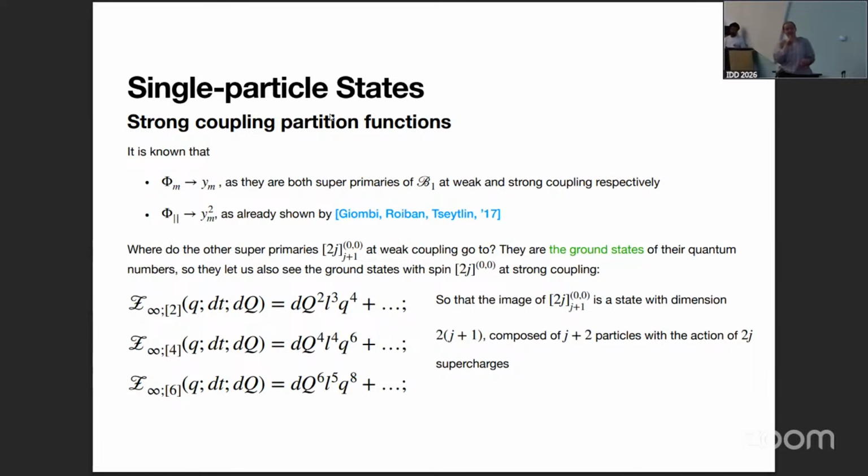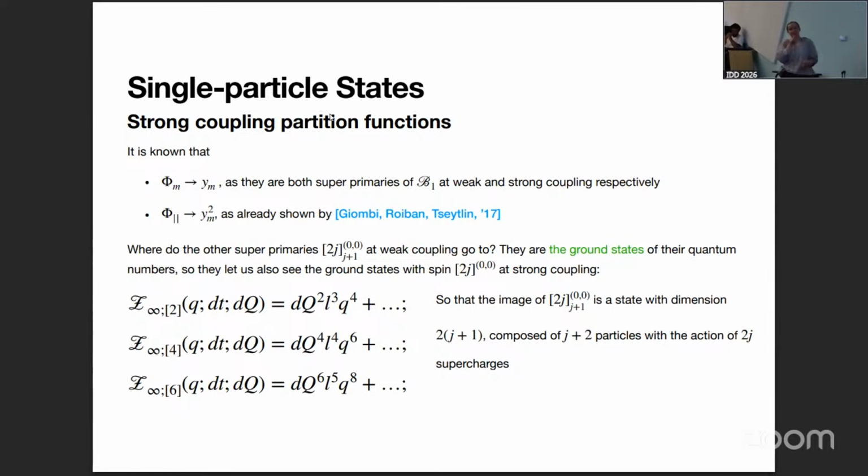Actually, I did not mention it in such good detail, but you can also track additional fugacities, meaning from how many single particles your state is composed at strong coupling, and also if there is an action of a supercharge on top, you can keep track of it. So they see that this ground state is like this.